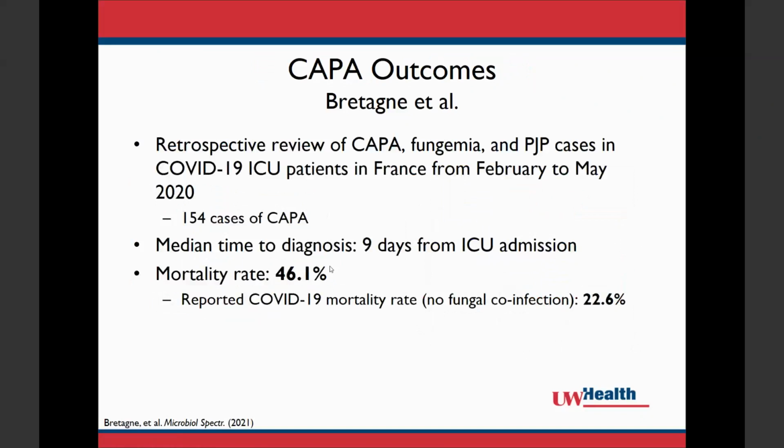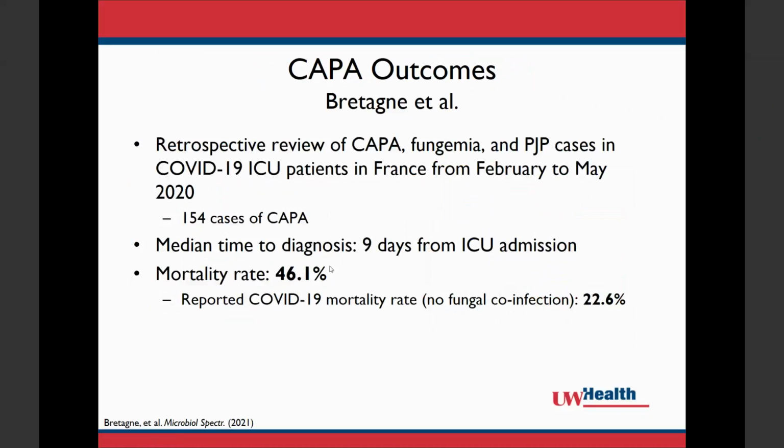And then another study based in France from Bertin also looked at a lot of different fungal infections in COVID ICU patients. But specifically, they looked at 154 cases of COVID-associated pulmonary aspergillosis.